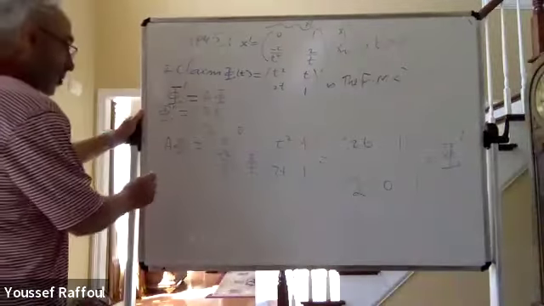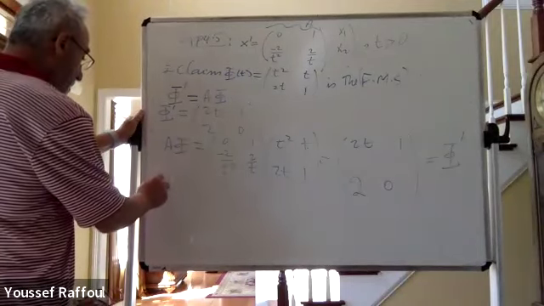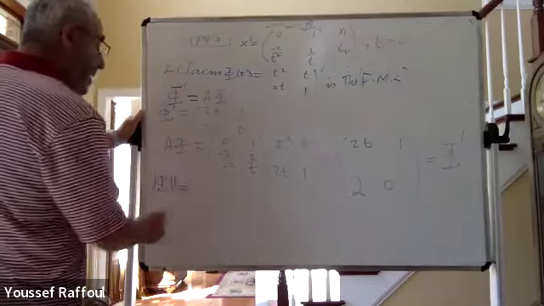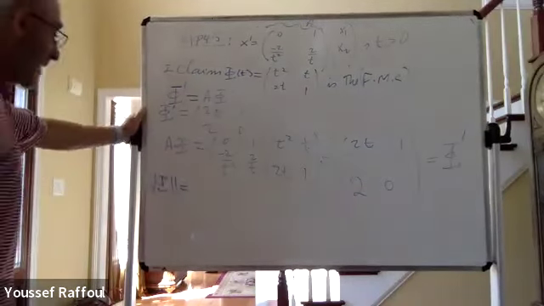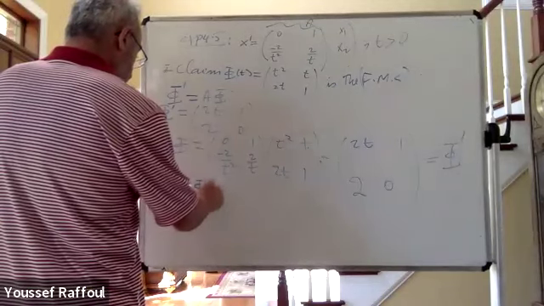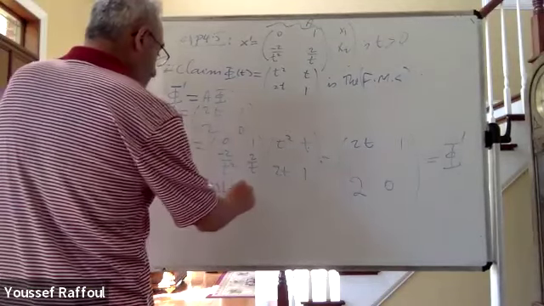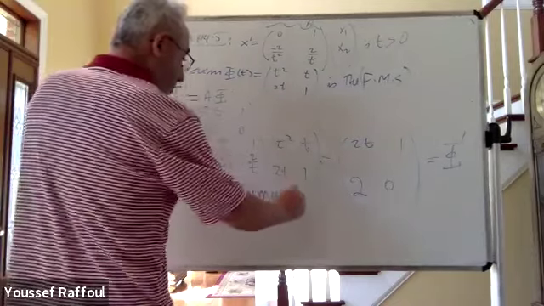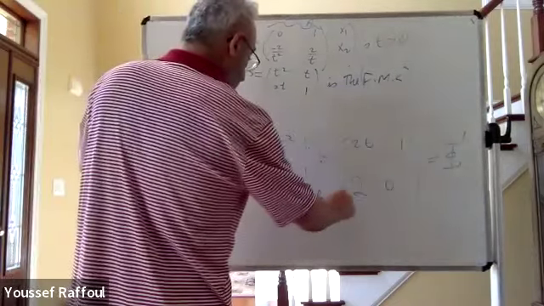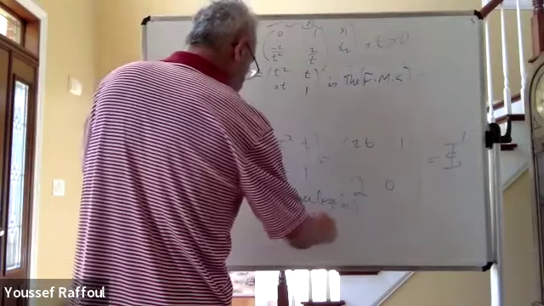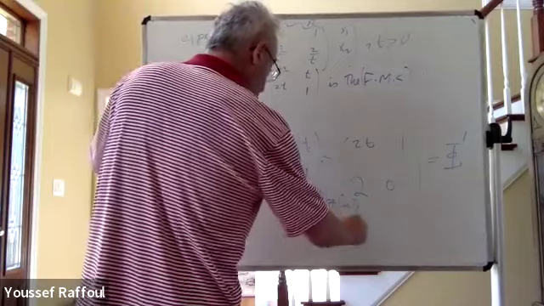All right. So now, what is the norm of phi? Let's take the sum of the absolute values of all entries of phi.